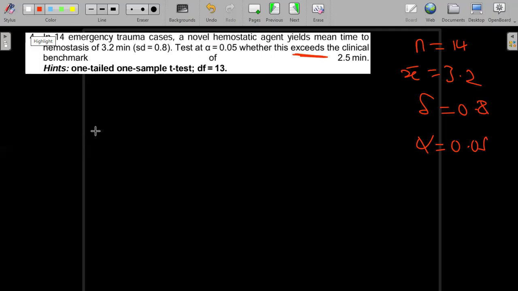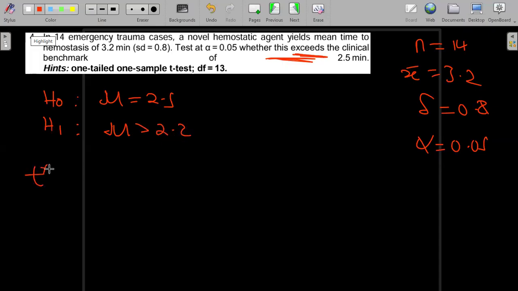This one is very clear. The null hypothesis will be that the mean is equal to 2.5, and the alternative, since they're saying exceeds, is that the mean exceeds 2.5. The test statistic will be the sample mean minus the population mean, divided by the standard deviation over the root of n.